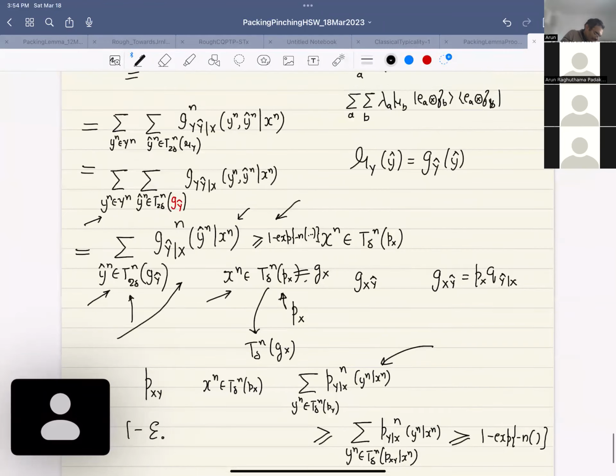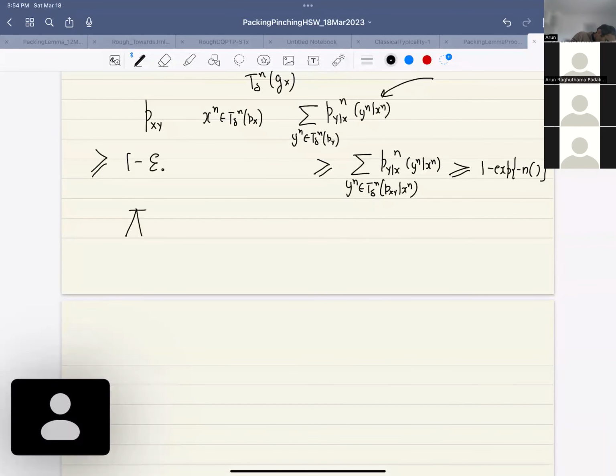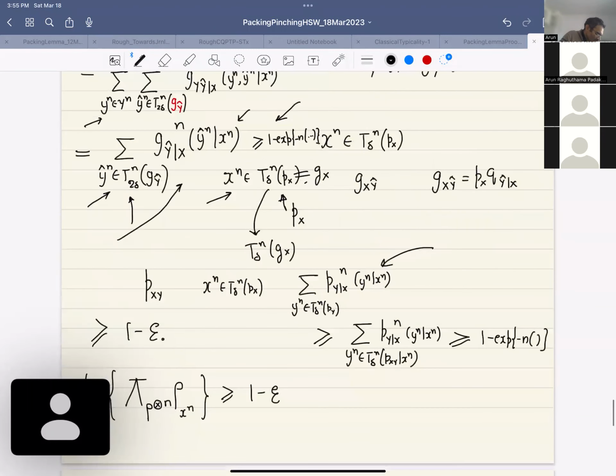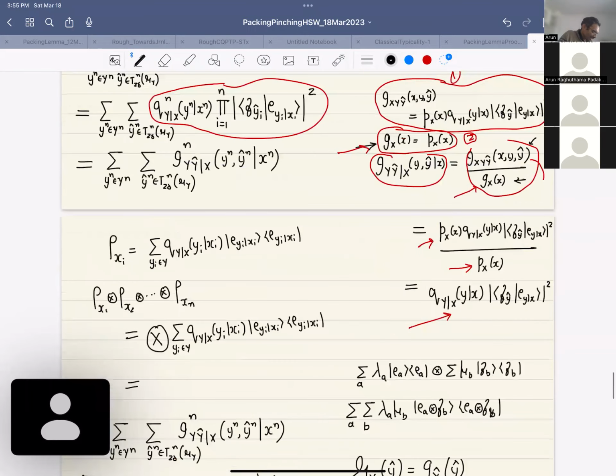So that means we indeed have pi rho tensor n rho xn is also high. This is also high. So we have all the components of the packing lemma, and we can use this to prove the capacity theorem.